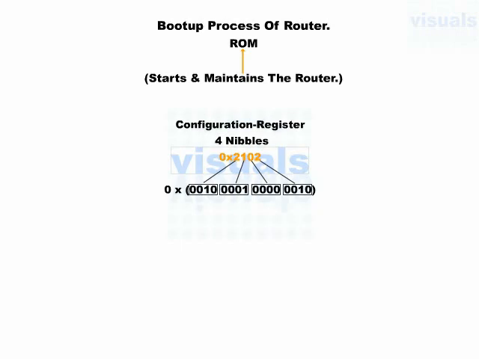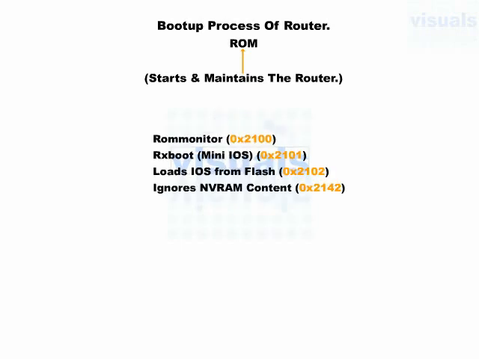We're going to discuss startup config a bit later in the same visuals. There are several configuration register settings which are used, so let's discuss these. Here you can see the mostly used configuration settings.